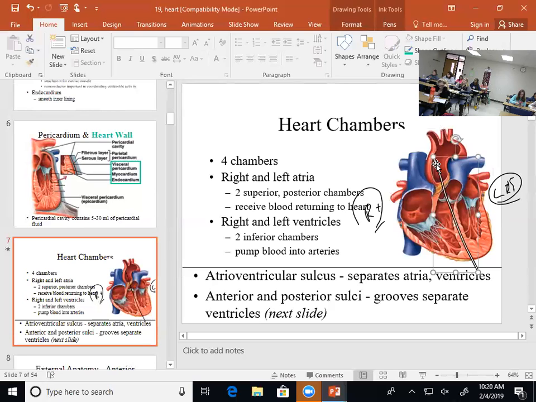Two pumps. I'm going to let y'all go in a second, but think about this. The atria have to fill exactly in synchrony and contract in synchrony. When they contract, they're sending blood to the ventricles that are filling in synchrony and contracting in synchrony. Boom. Do they have to be working in synchrony?